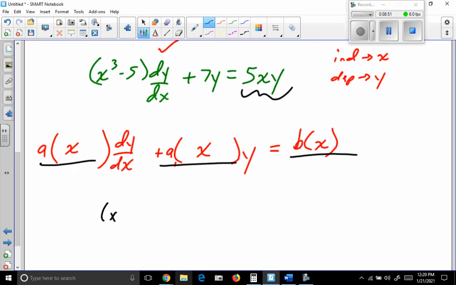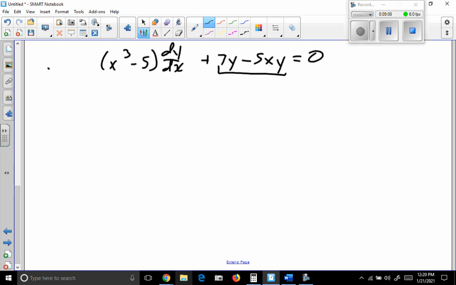For example, we can move the 5xy to the other side. So if we take the 5xy and subtract it from both sides, we would get this.